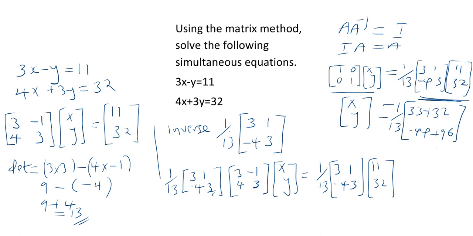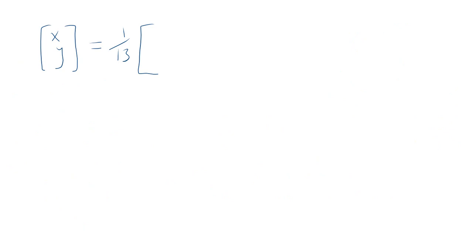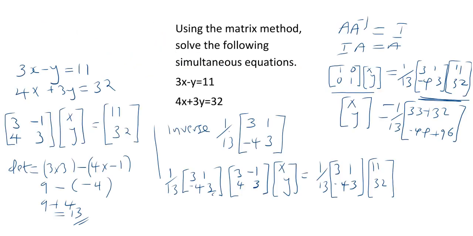Let's add 33 with 32, then negative 44 with 96. We shall have 65 and 52.